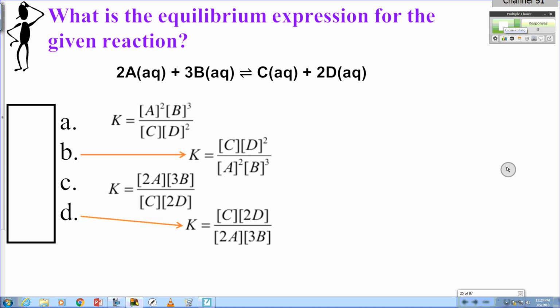So I give you an equilibrium, 2A plus 3B yields C plus 2D. And I want to know which one of these is equal to K. Products over reactants.